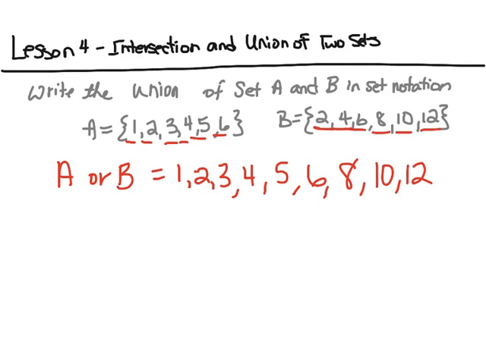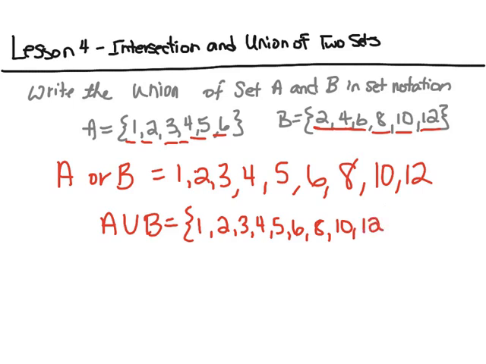So these are our numbers for our union. The way that we write it in set notation is A union B is equal to 1, 2, 3, 4, 5, 6, 8, 10, 12. And the number of A union B would be 9. We have 9 terms there.